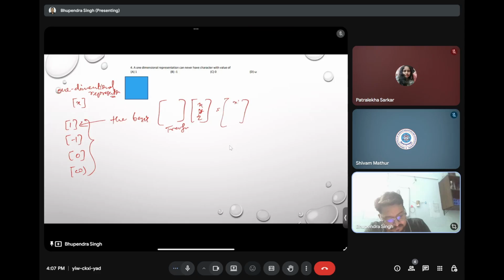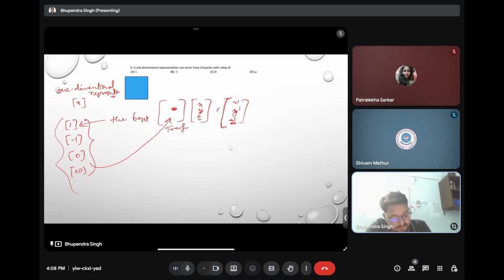Then they will change to new bases. So we were talking about this. Which one is possible? Which character can a one-dimensional representation never have? For this one the basis doesn't change.